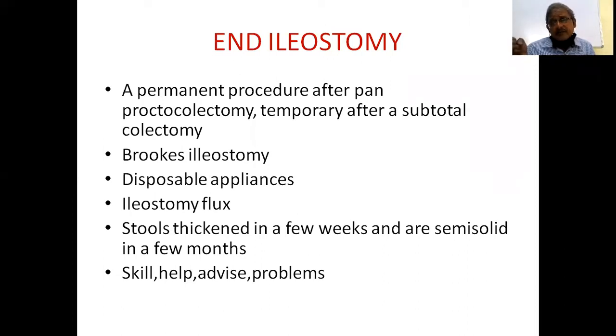If it is a permanent or adhesive appliance, as you usually use for colostomies, the bag will be changed once in 4 or 5 days. But in ileostomy, we use disposable appliances, and along with the plastic material and the flange, we remove it once in 2 days or so.